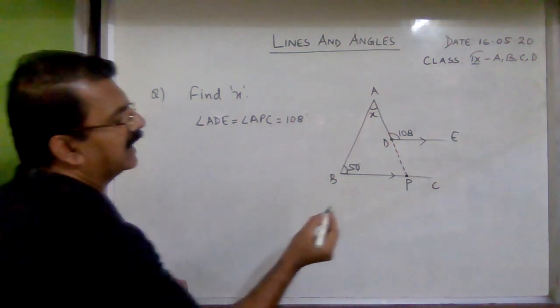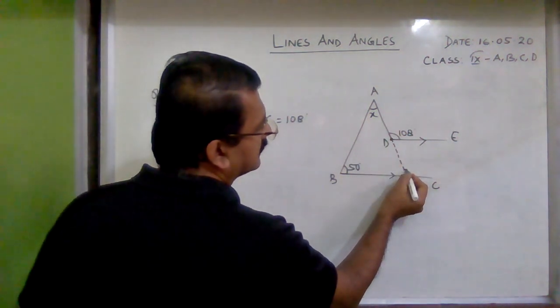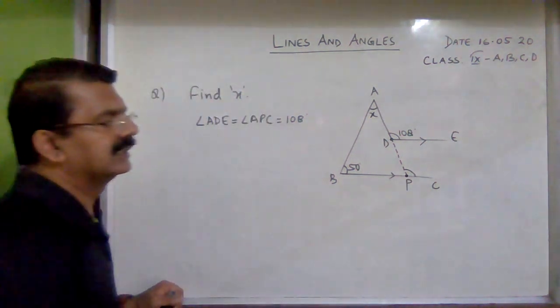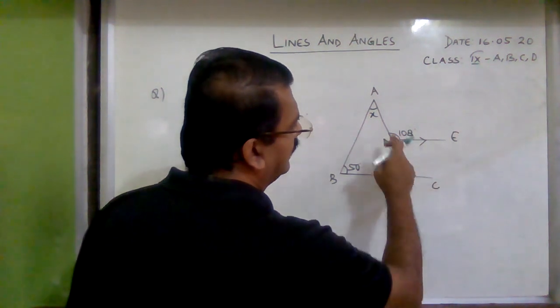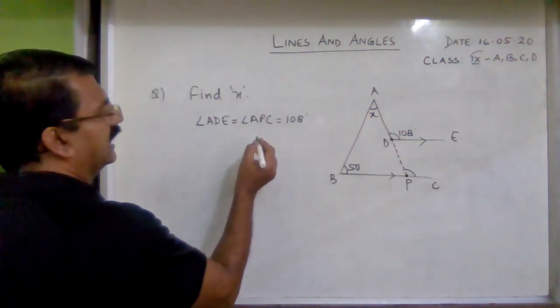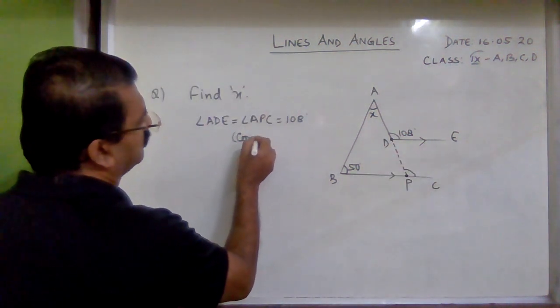What is the reason behind it? This angle will be equal to this angle because they are corresponding angles, because DE and BC are parallel. So the reason you will write is corresponding angles.